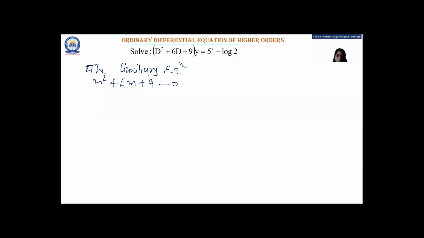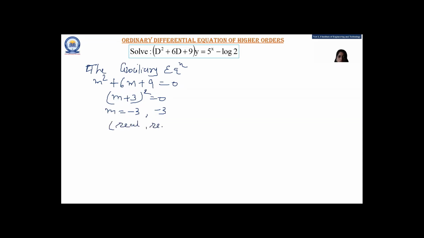Okay, students. So as per the rule, the factors of m square plus 6m plus 9 are m plus 3 whole square, right? Or we can write m plus 3 into m plus 3. So roots are minus 3, minus 3. Both roots are real and repeated.